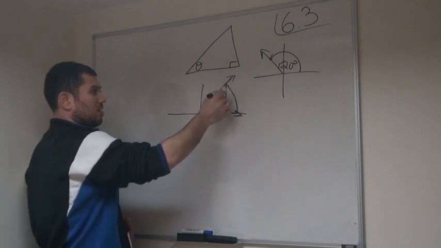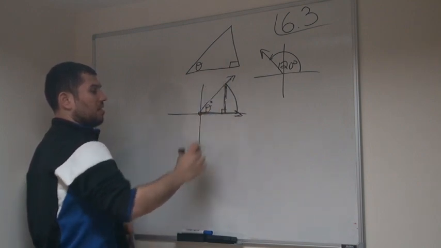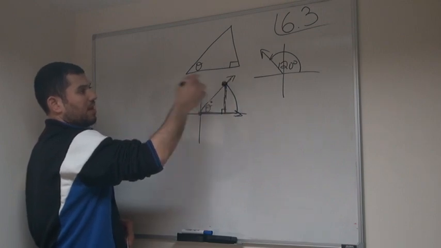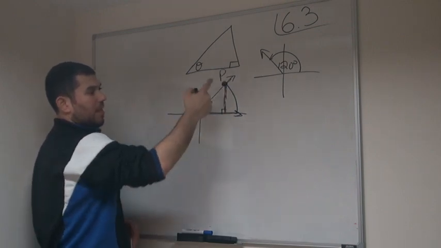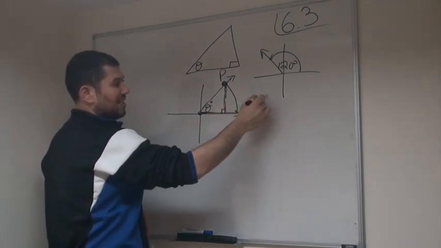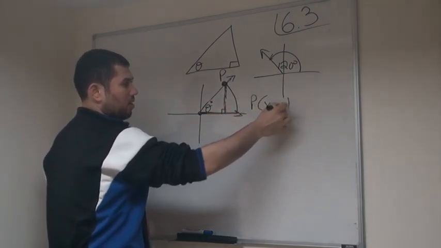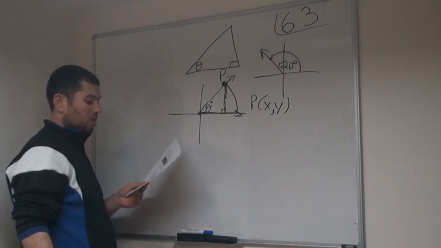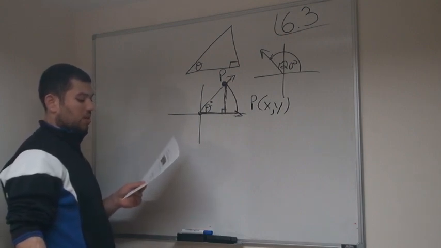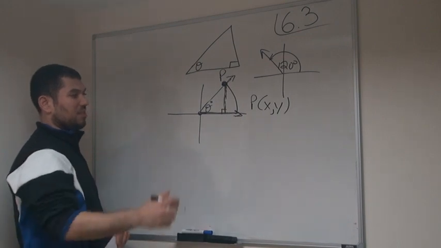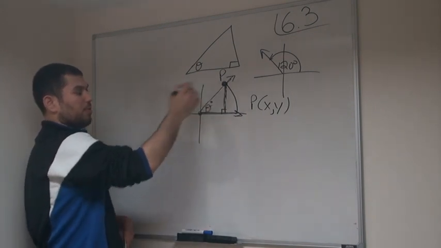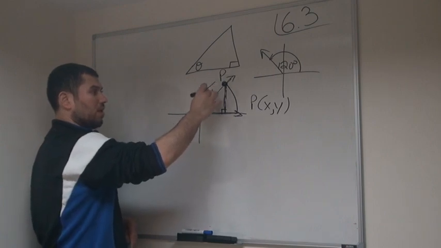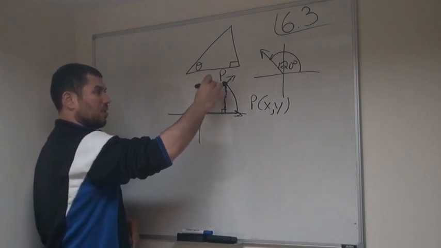Let's say I'm drawing this as the triangle, right? And point P is a point on the terminal side. Let's define that as point P. That point P has an x coordinate and a y coordinate. Now r is the square root of x squared plus y squared, the distance from the origin to point P. So we're going to define this as r, which is the square root of x squared plus y squared.